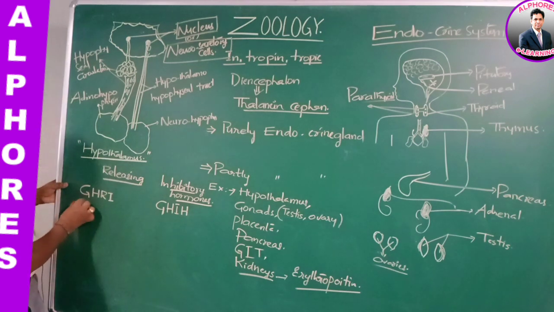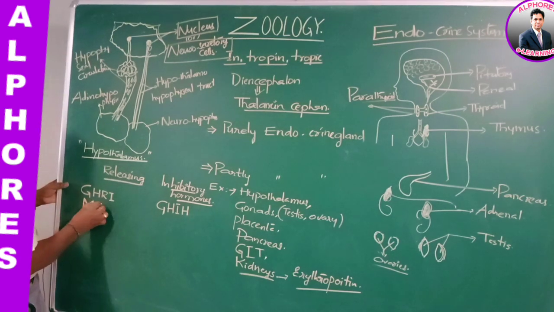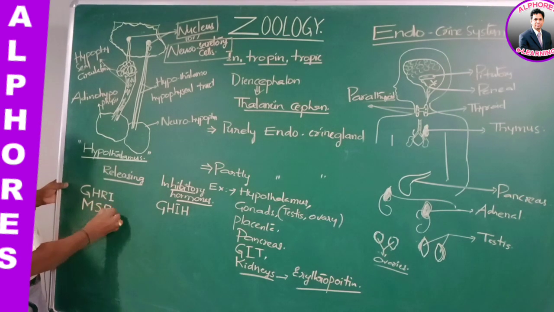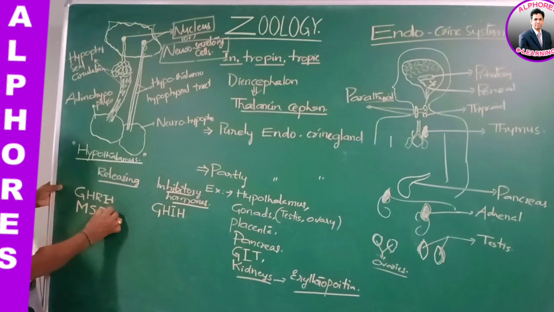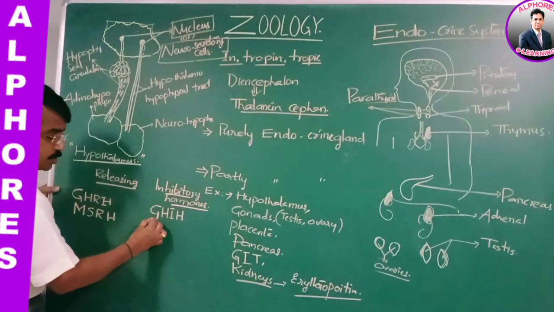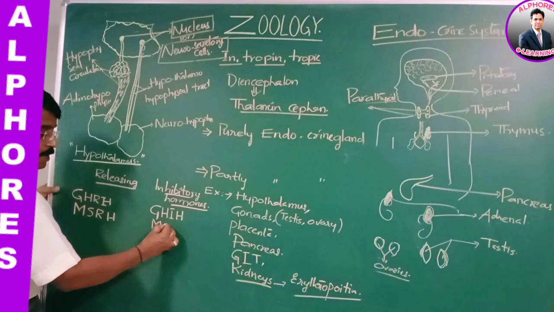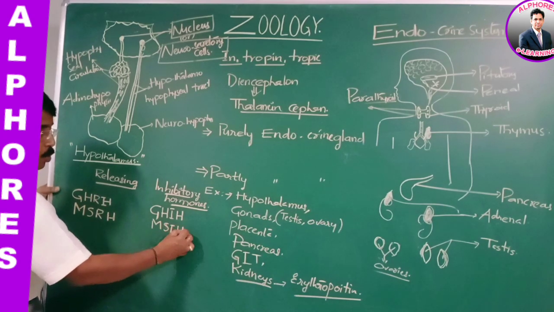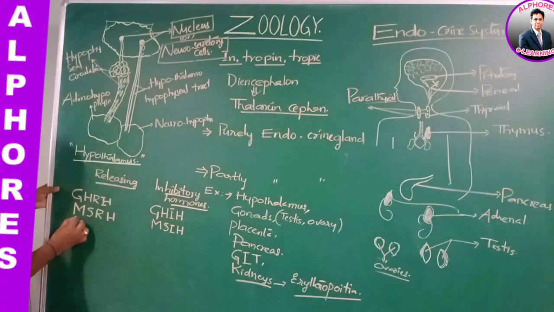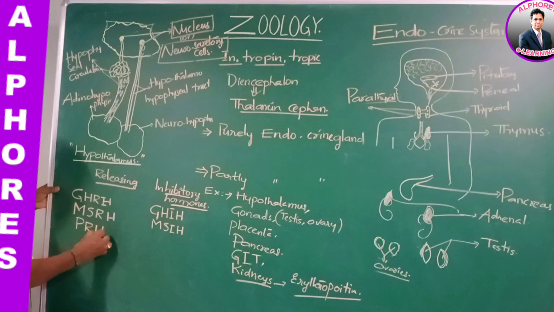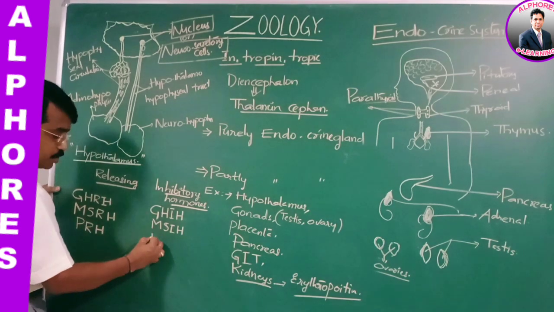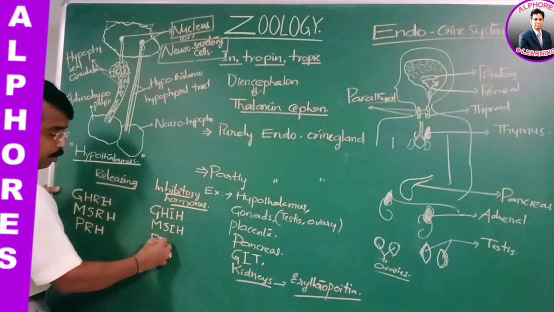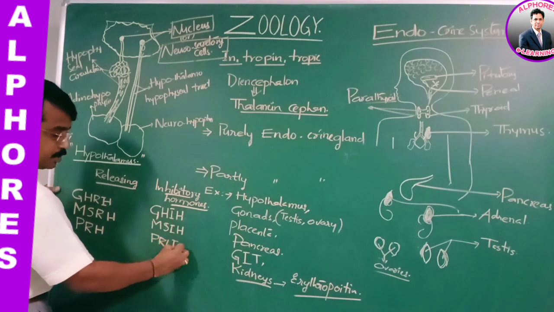next, melanocyte stimulating releasing hormone, melanocyte stimulating inhibitory hormone, prolactin releasing hormone, prolactin inhibitory hormone.